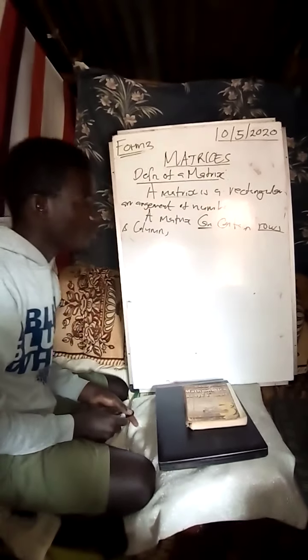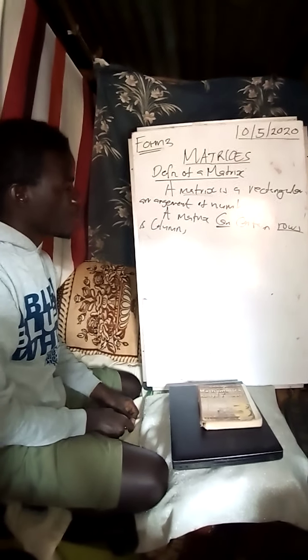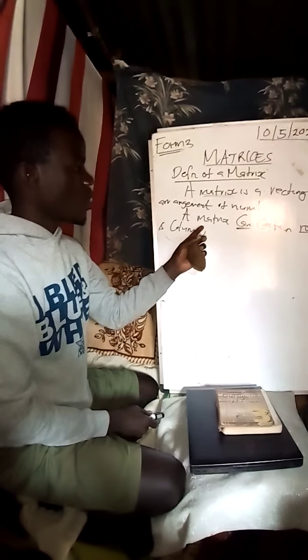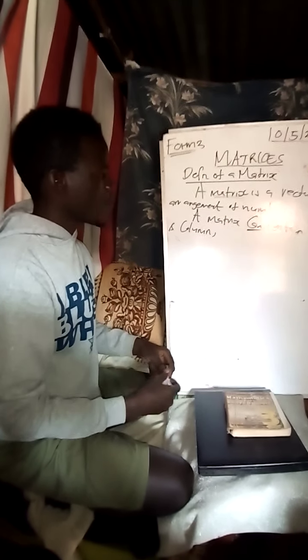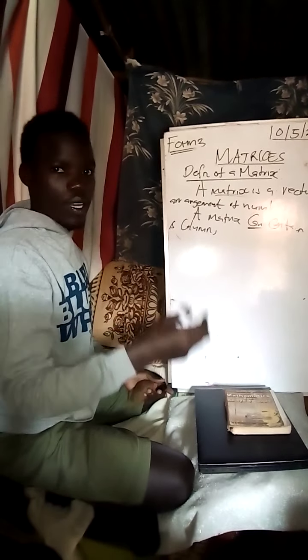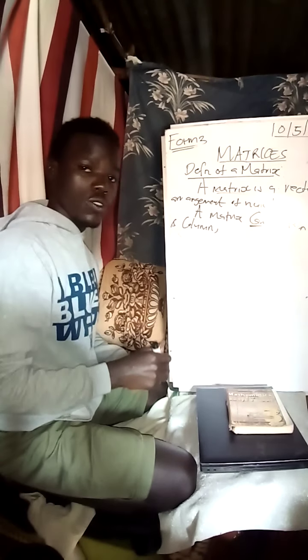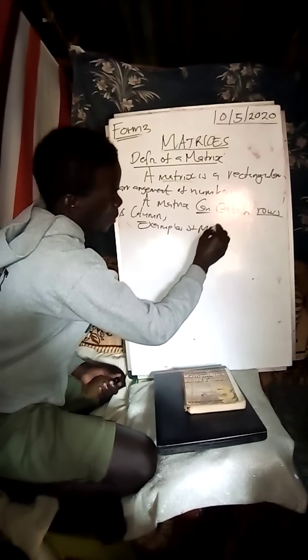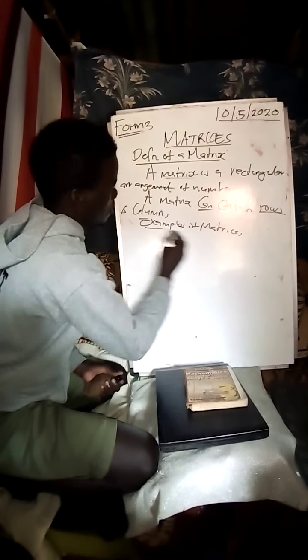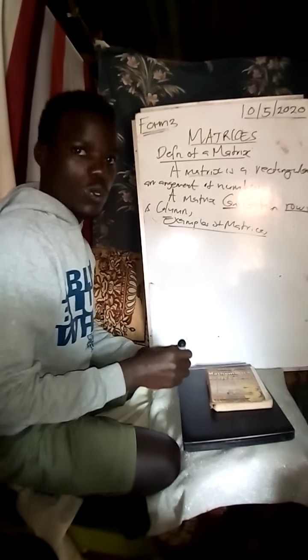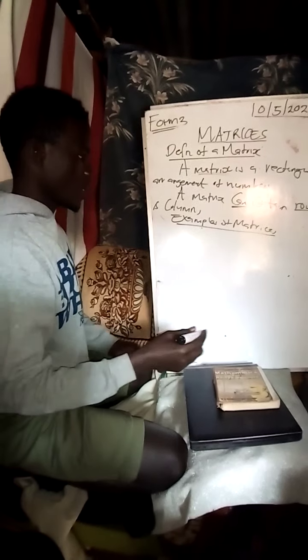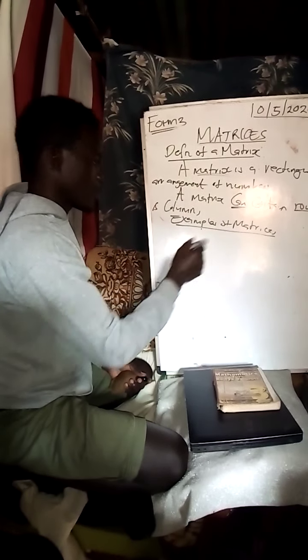So in that case, we are going to look at the examples of matrices that we have, and we have two major examples of matrices that we are going to deal with in our entire lesson and even topic.